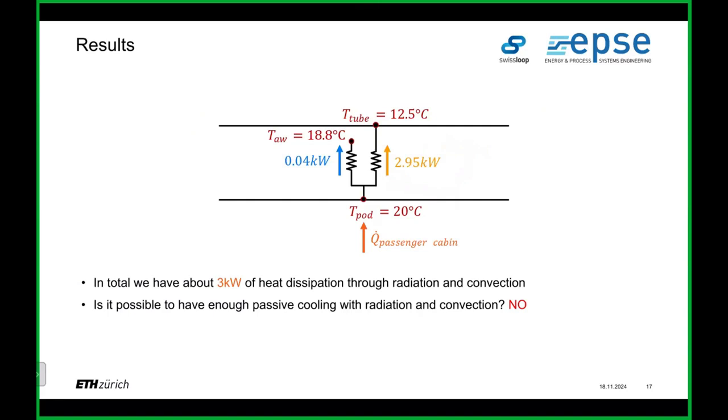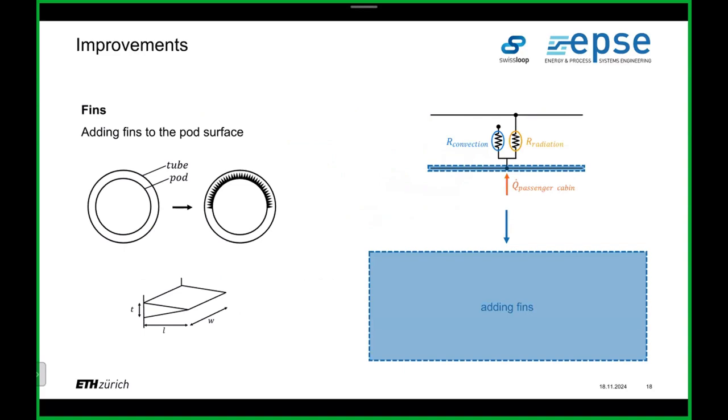But because I said in the beginning that I wanted to achieve a range between 4 and 30 kilowatts, that's not enough cooling, and that's why I had to improve the heat dissipation. And one idea to improve was to add fins to the pot surface area.